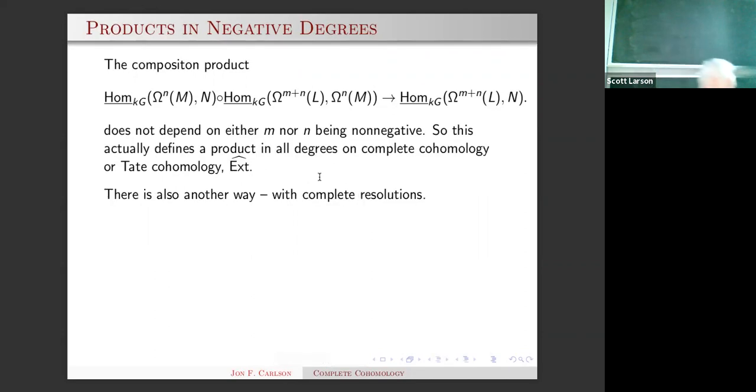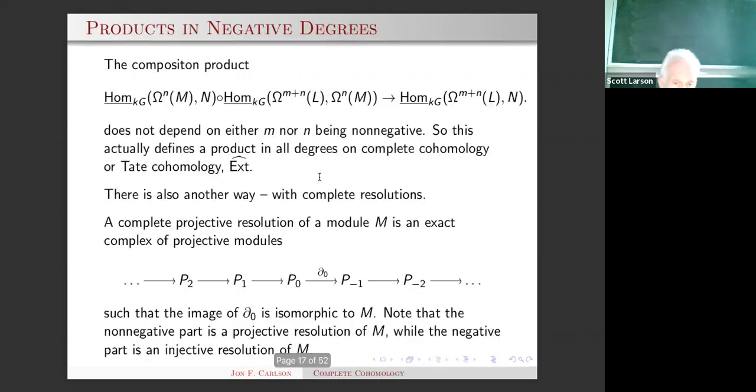Okay. Now there's another way of doing this, and that is by doing what we call complete resolutions. Okay. A complete resolution. Here's a definition. A complete resolution of a module M is an exact complex of projective modules. So the image of the boundary zero here is in fact isomorphic to the module M, or is the module M, is probably the way you want to say it.